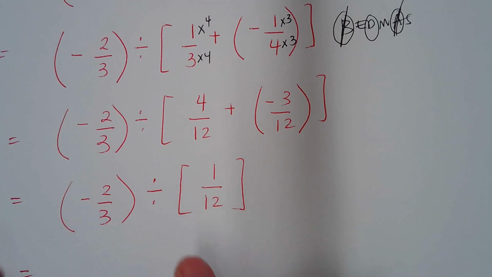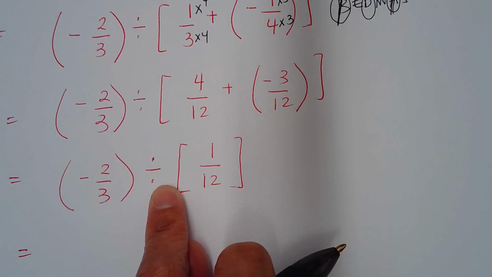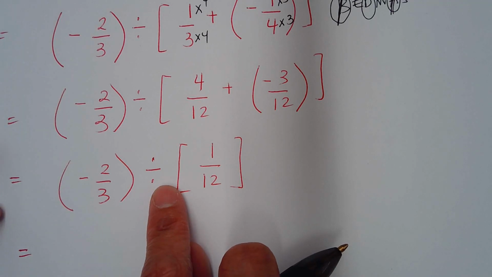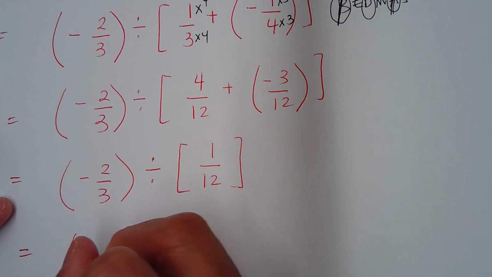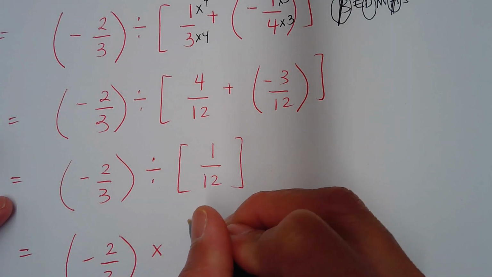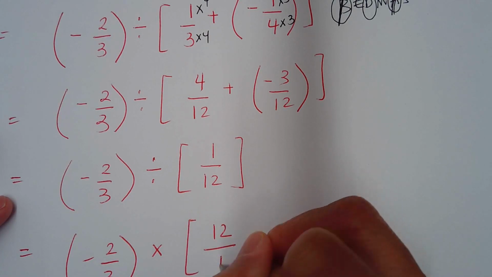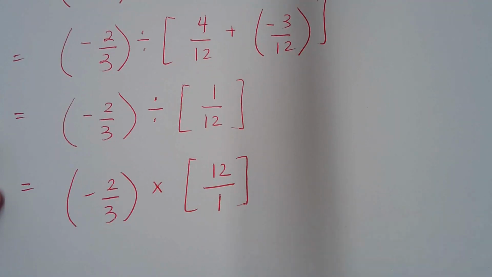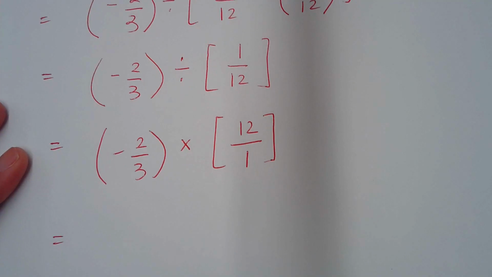Now this is dividing. What's the rule for dividing? Reciprocal. Right, and then multiply. Correct. So -2/3 times 12/1. So what are we going to do next?